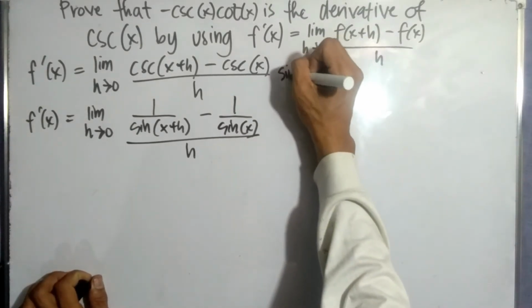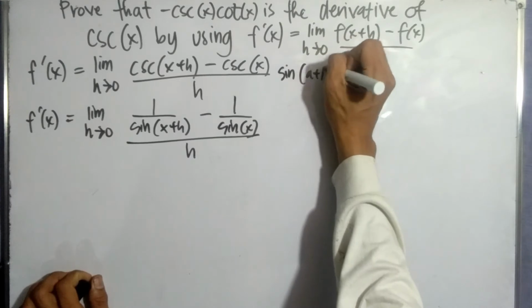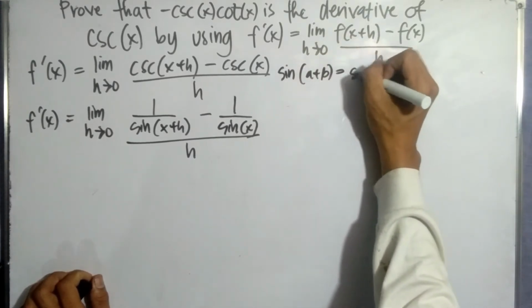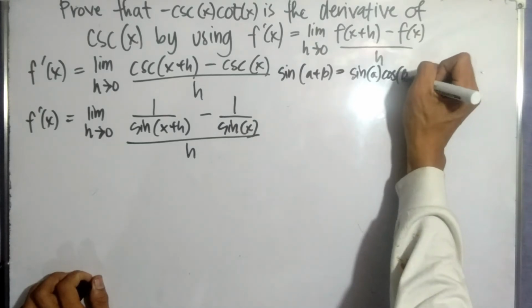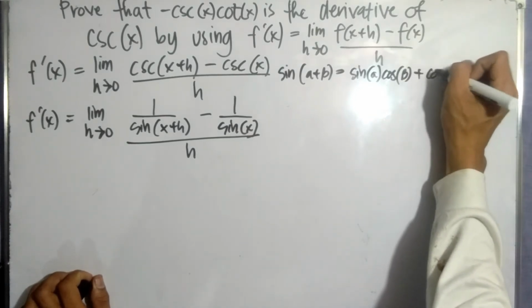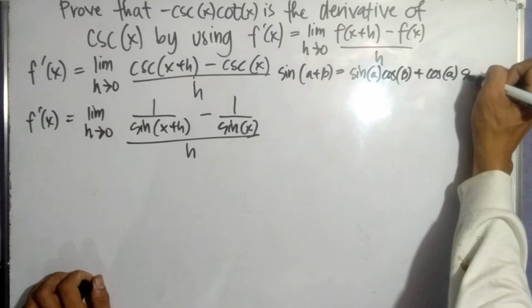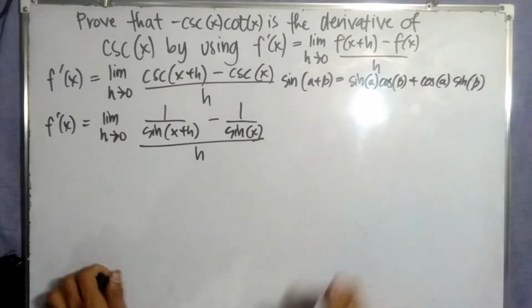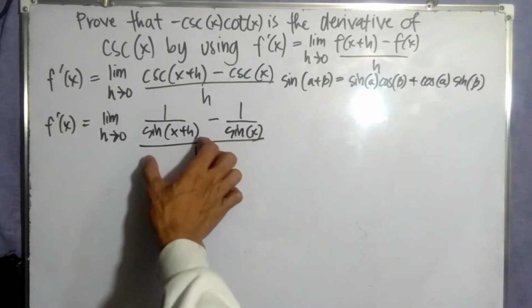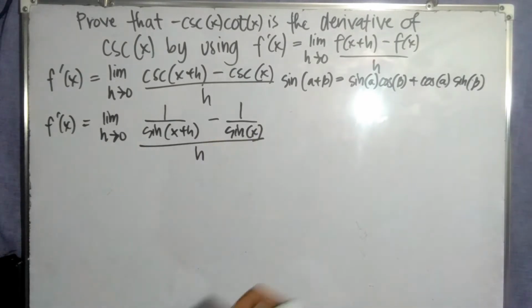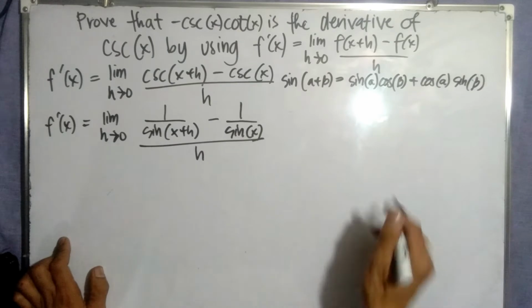Ganito siya. Sine alpha plus beta is equal to sine alpha times cosine beta plus cosine alpha then sine beta. So, ibig sabihin, itong concept na to, gagamitin natin siya dito. Okay? In terms of x and h.